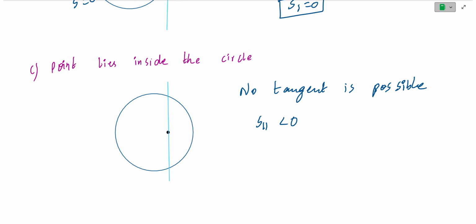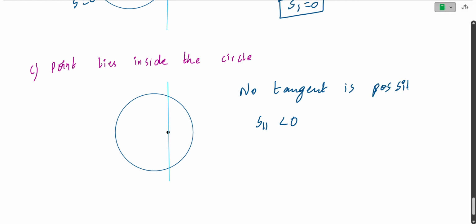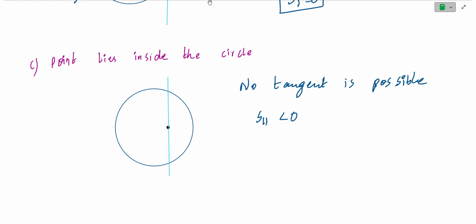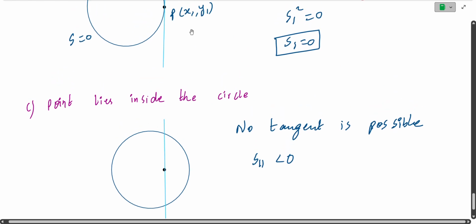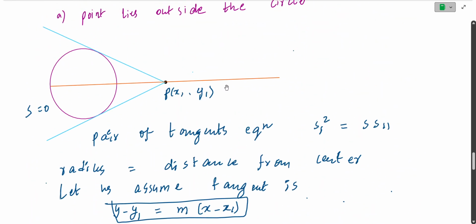From this discussion, what I want to conclude is, whenever a circle equation and a point are given, first we have to find the S11 value.